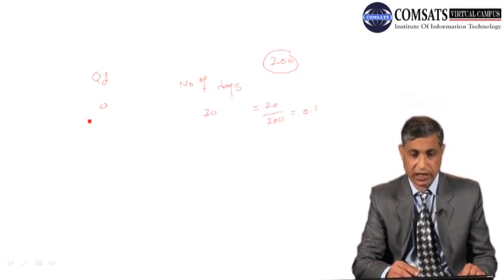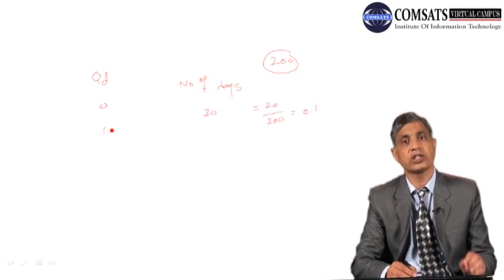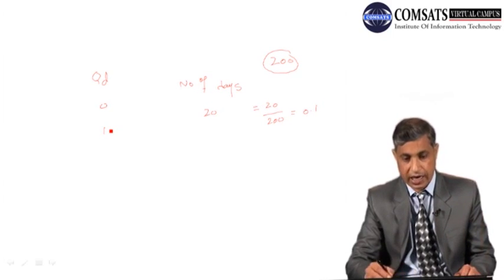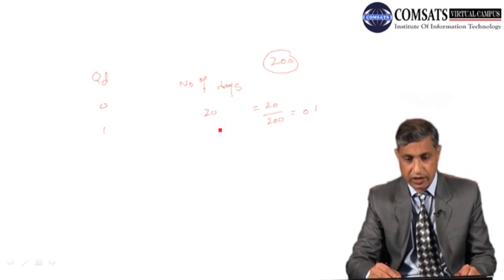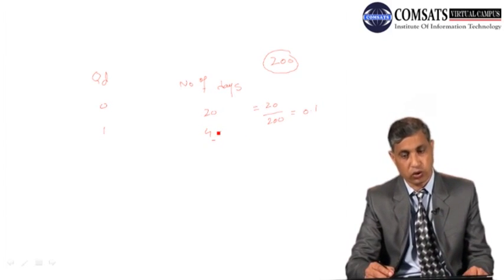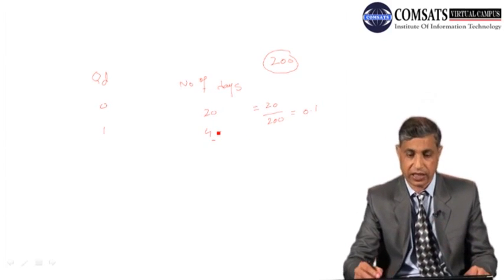Going further, I say that there was a sale of 1 liter, and I say that there were 40 days when 1 liter of petrol was sold. You observed that on 40 days 1 liter was sold.